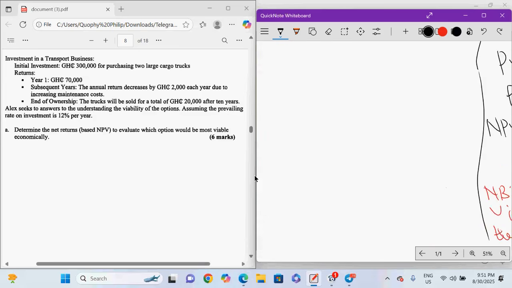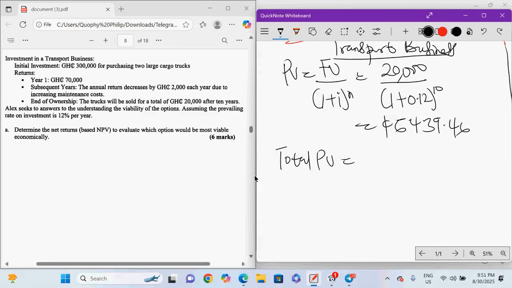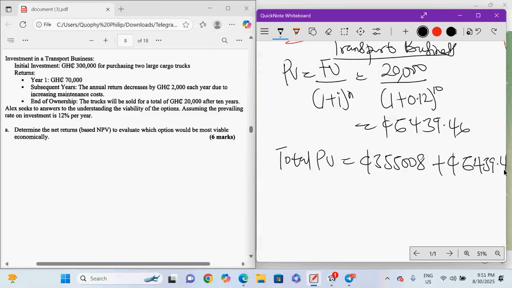So now we are going to increase that present value to 355,008 plus the resale value, 36,439.46.